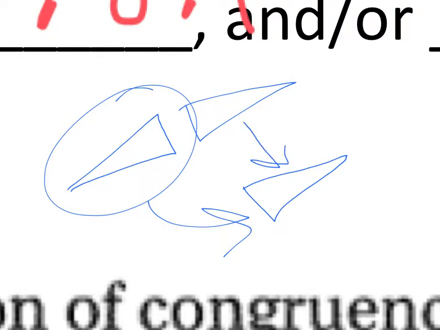suppose I have a triangle like this and another one like this. For now, I know they're not exactly the same, but we'll just say they're congruent. To get this shape to look like this shape, we would have to first flip it so that it would look like that, and then we would have to translate it and move it down.